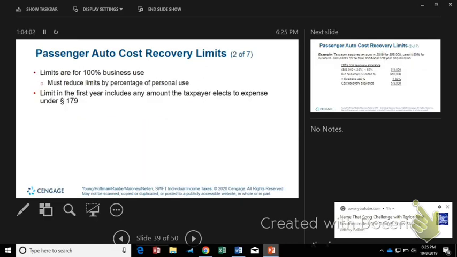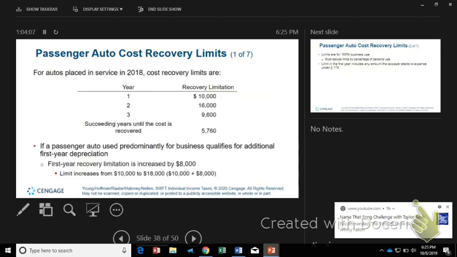So what you're looking at then is how much you're using the car, and if it's over 50%, those are your numbers. If it's less than 50%, then you have to straight line the depreciation. And if it's used predominantly for business, it then qualifies for additional first year.